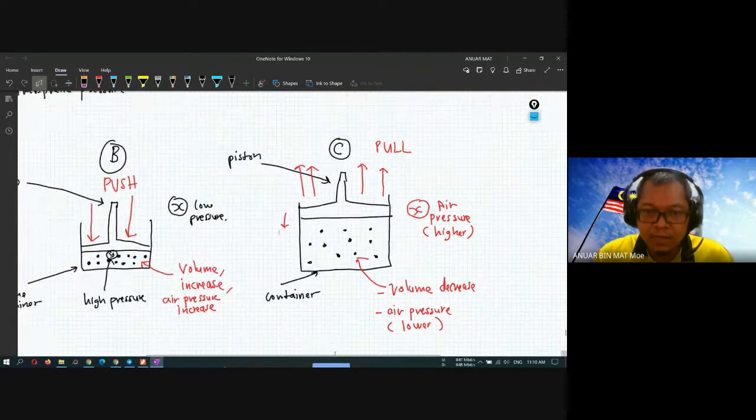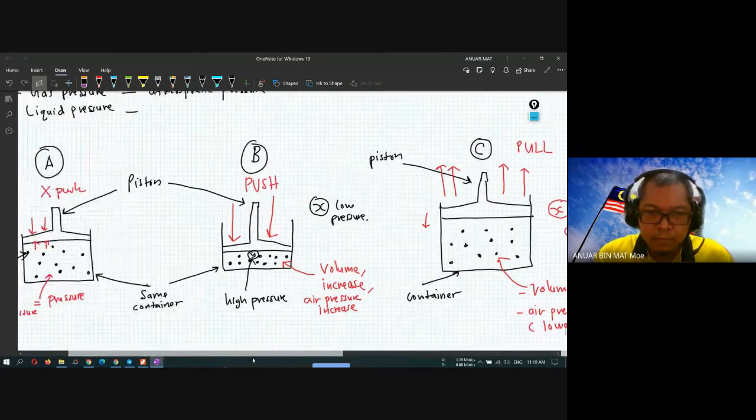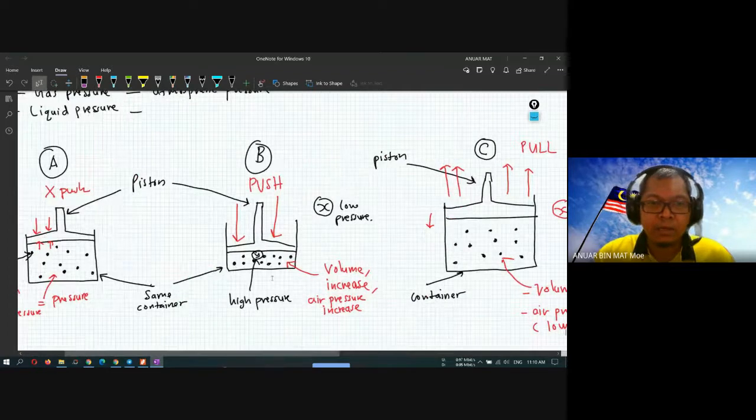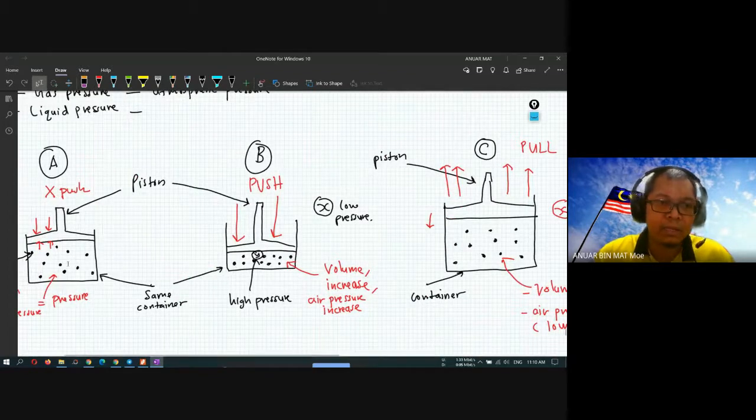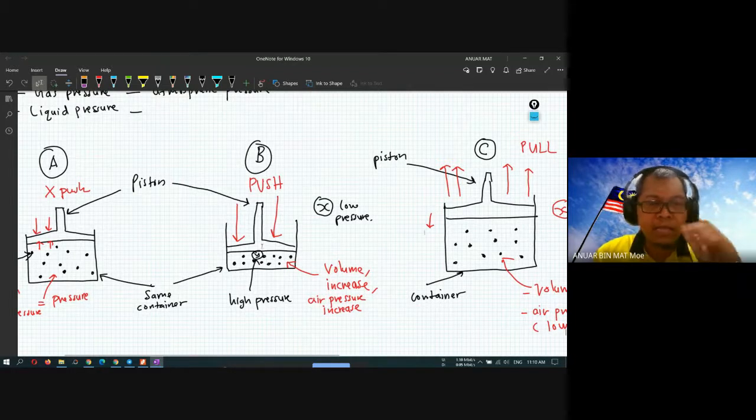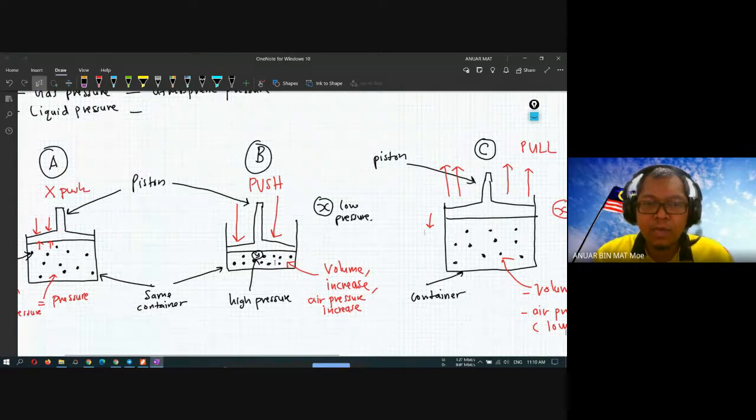Can you identify the difference? Because A is normal. Inside and outside air pressure is the same. In B, inside the container the air pressure is higher because you can see the particles are close together and move more freely.